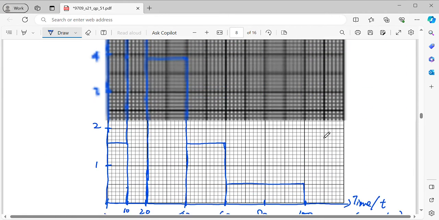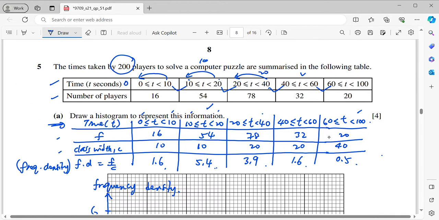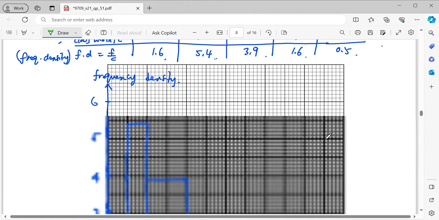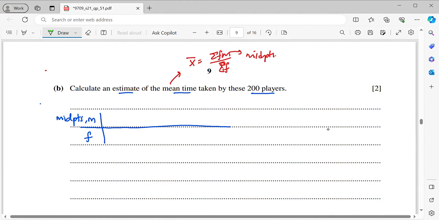So how do we count the midpoint? It's basically the average of the class limits. Means that you get the average of these two values, you plus together and divide by 2. So it will be 5 and so on. Okay, so I will just write down all the calculations. It will be 5, then 15, after that 30, 50, and 80.